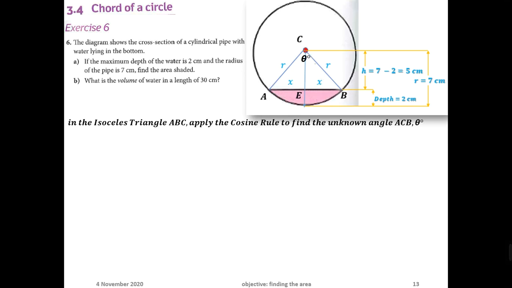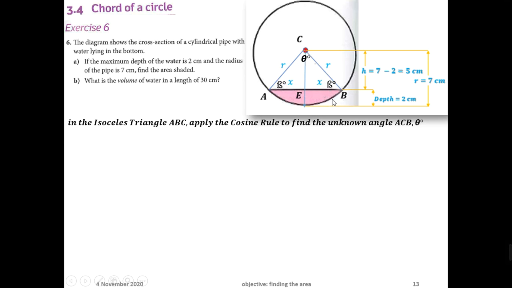The other two angles are going to be named beta, because in an isosceles triangle, if this is theta and this is the base, the angles of the base are actually equal to each other. So these are the two equal sides, and this is the base. The angles of the base are always equal. If this is theta, then this is beta, and this is beta.